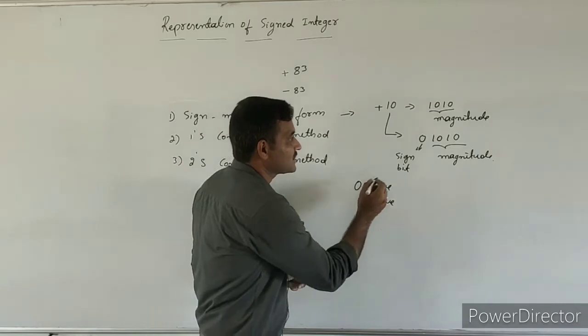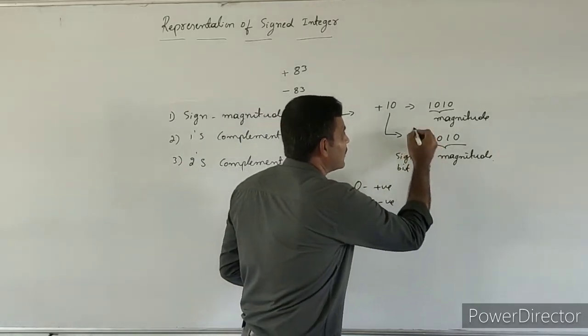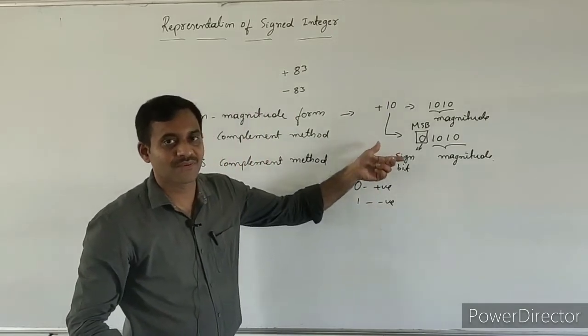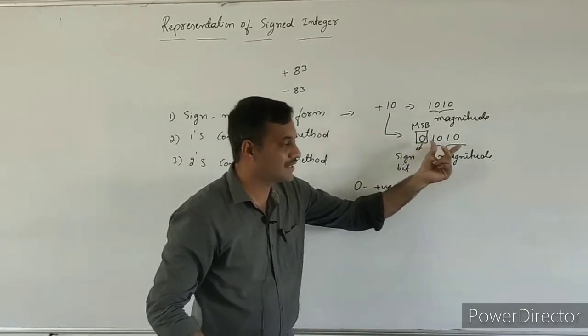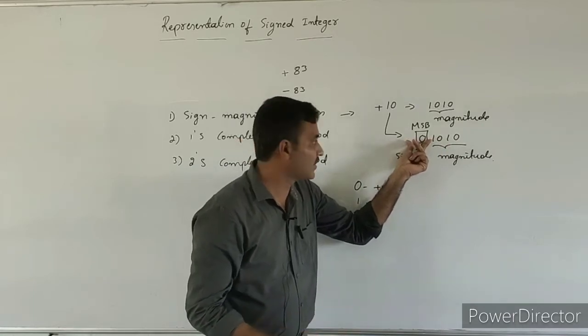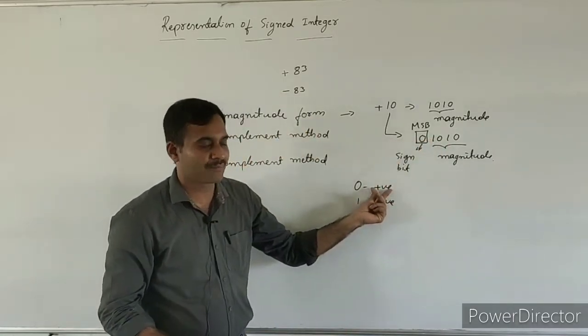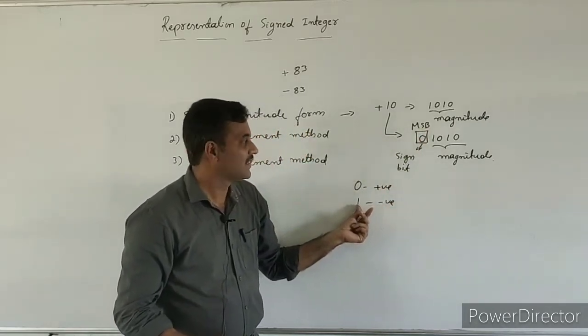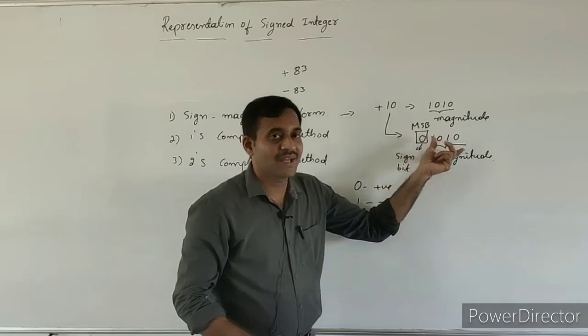These 0s and 1s are added on the most significant bit side. In a binary number, if the most significant bit is 0, then it is a positive binary number. If the most significant bit is 1, it represents a negative binary number.